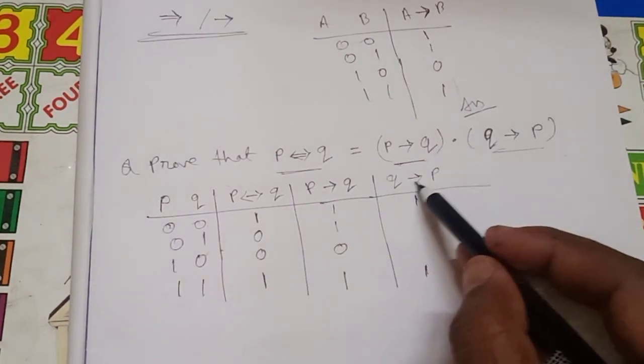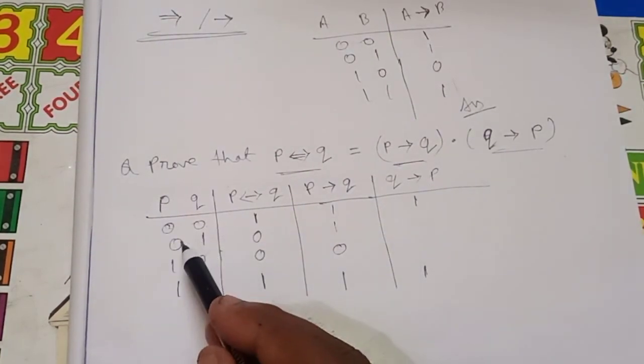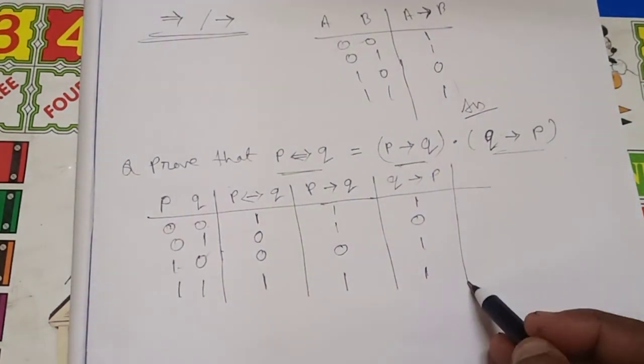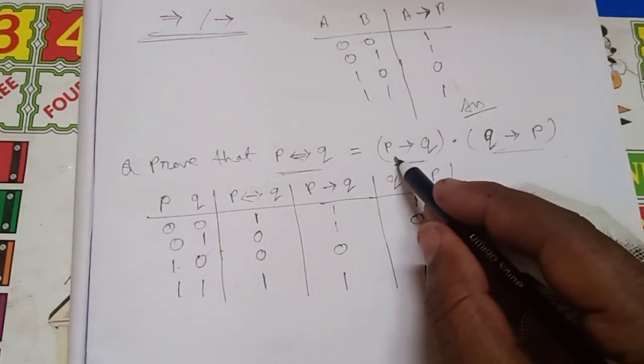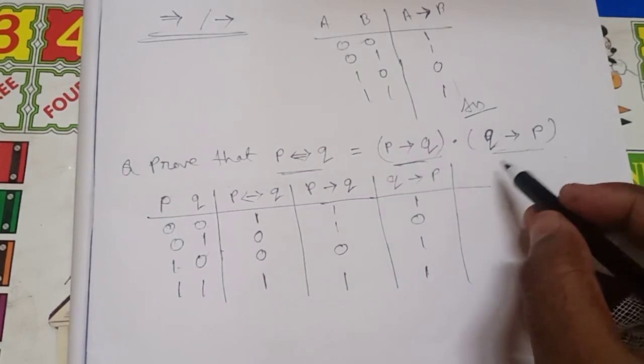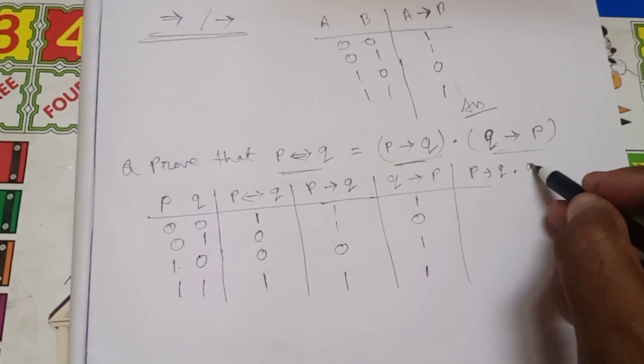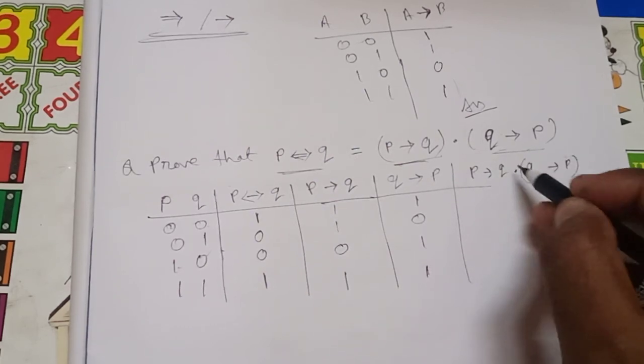Now we are moving to P, so we write the value of P, 0 and 1, so we write 0 1.